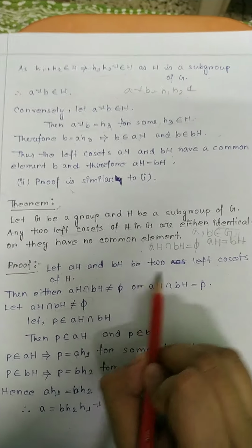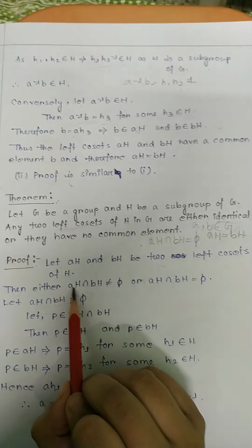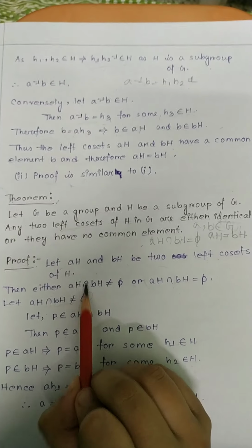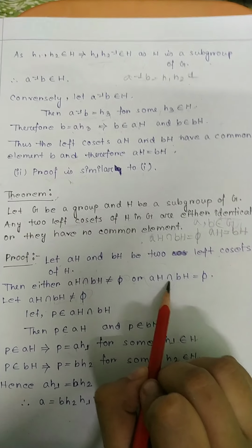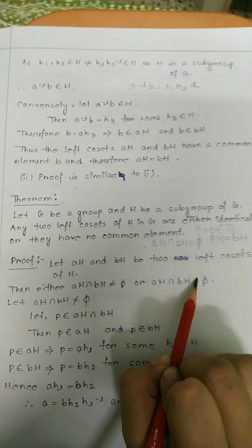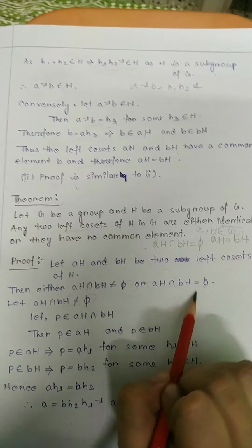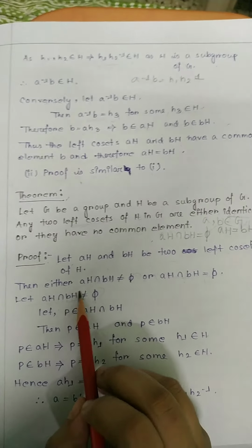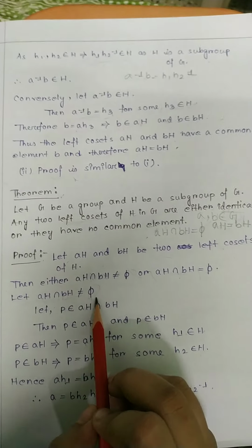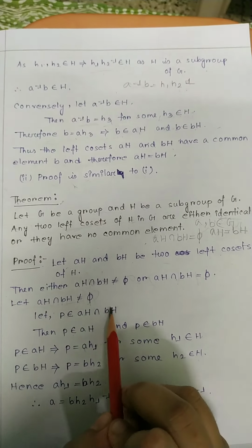Let aH and bH be two left cosets of H. Then either aH intersection bH is not equal to the empty set or aH intersection bH equals the empty set. If it equals the empty set, we are done. But to prove aH equals bH, we let aH intersection bH not equal to the empty set. Let p belong to aH intersection bH.